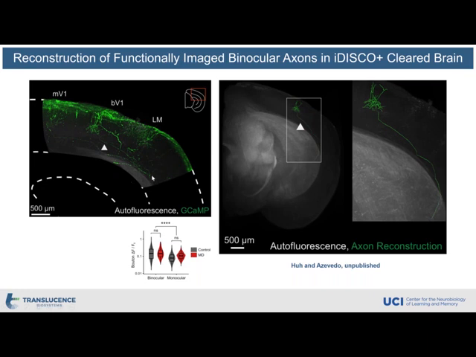And what you can see is that these individual axons are climbing up and innervating up here in the superficial layers. We were able to segment out an individual axon from these image data sets that we had recorded from during the live imaging session.